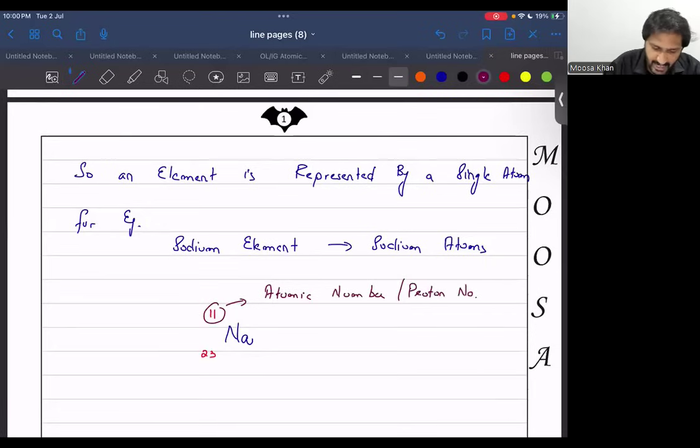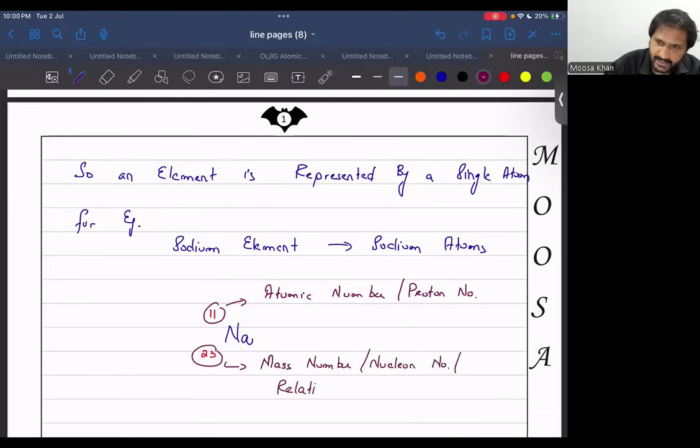You have to remember both. And the number written at the bottom of the symbol is given three names: mass number, also known as nucleon number, and also known as relative atomic mass.